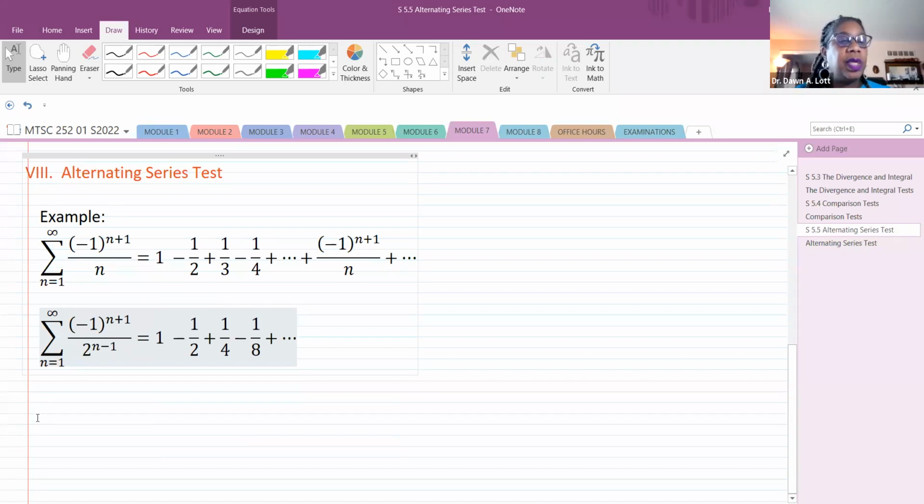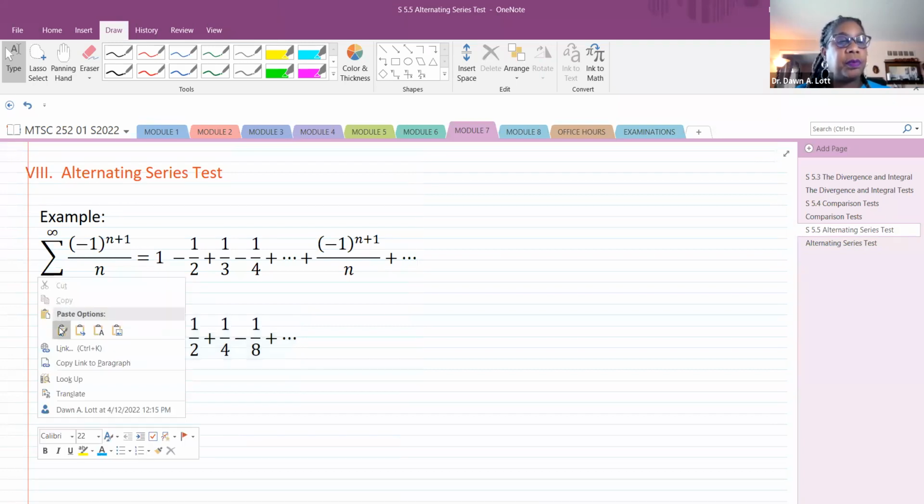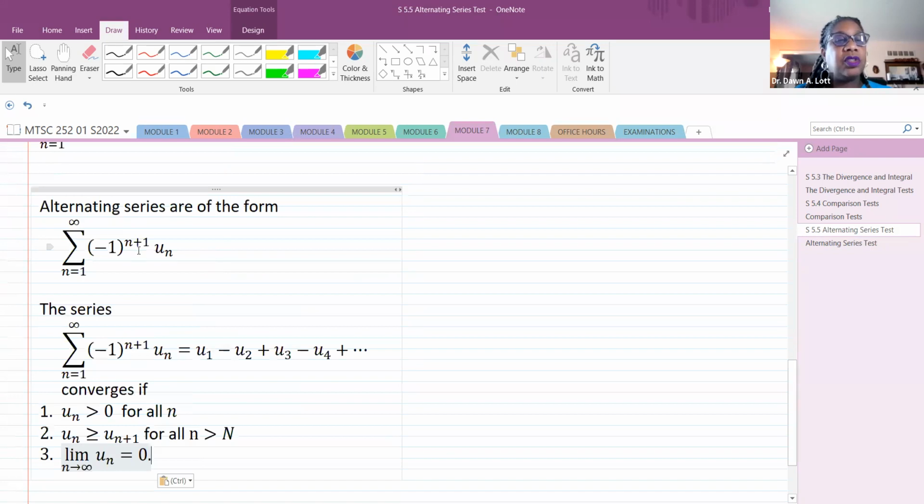All right, so alternating series have a certain form. The form is -1 to the n plus 1. As I said, that could be n minus 1, or it could be n, just as long as it alternates back and forth. And then the rest of the series is called un.